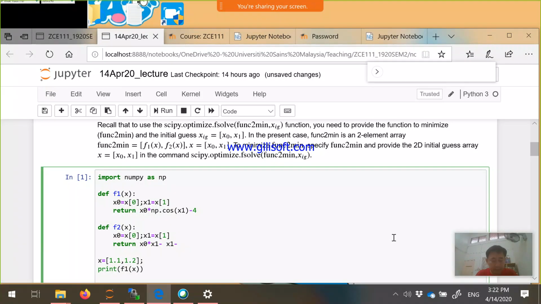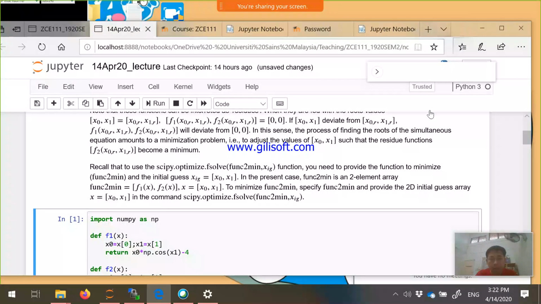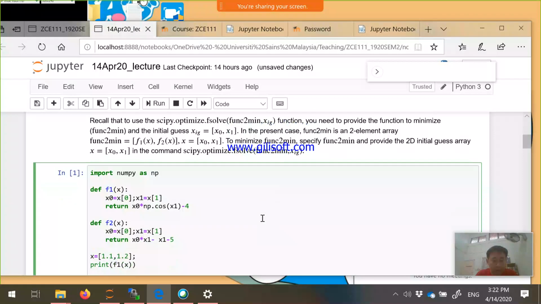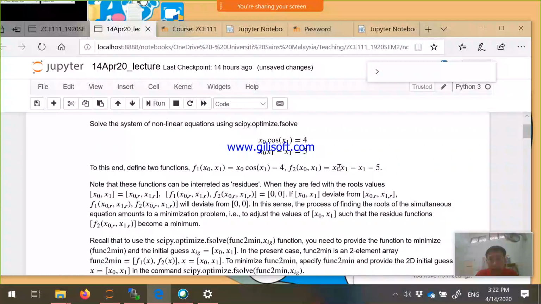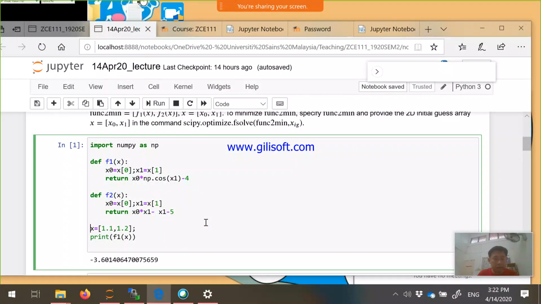So let me check if this is correct. Okay, so f2 is x0 times x1 minus x1 minus 5. So that is the function of f2.